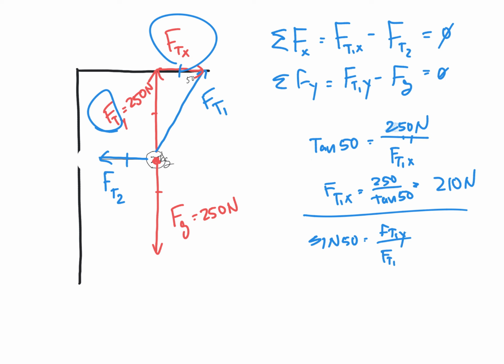Again, I'm now going to fix that and say, well, we actually know what that is. That is also 250. And if I do a little algebra again, FT1 is equal to 250 divided by sine 50, which equals about 326 newtons.